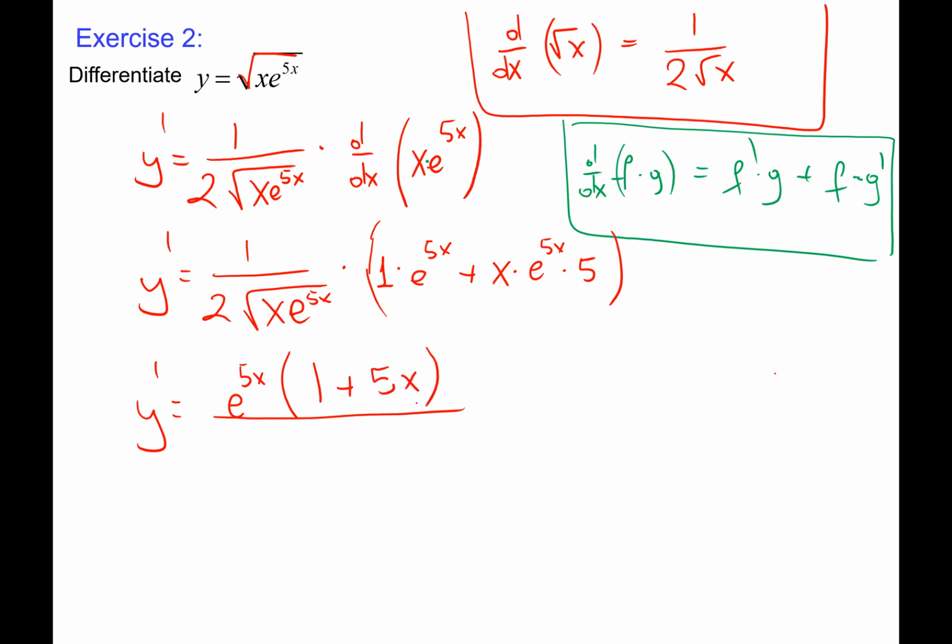Not bad. Actually, I can leave it like that. I can still combine e to the 5x, but let's just leave it this way, because the point of this session is to practice derivatives of log and exponential.